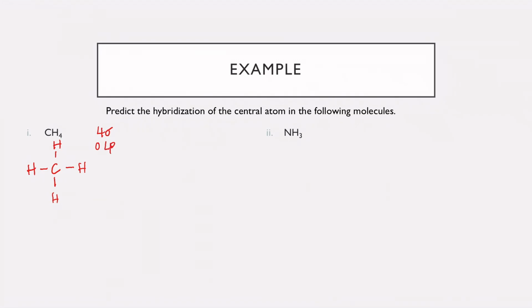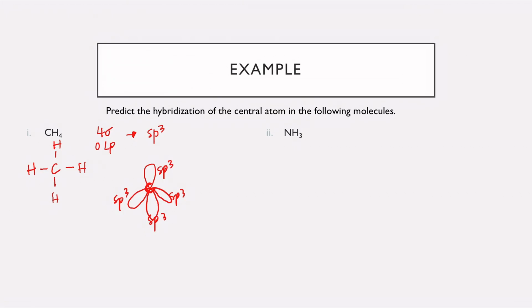That means your hybridization will be sp3. So you'll have sp3 hybridization at your carbon. So sp3, you will have 4 loops. 1, 2, 3, 4. So sp3, sp3, sp3. Itu carbon nanti.